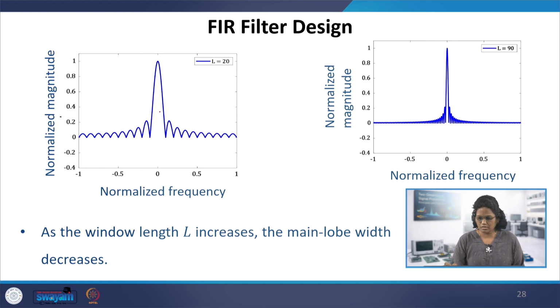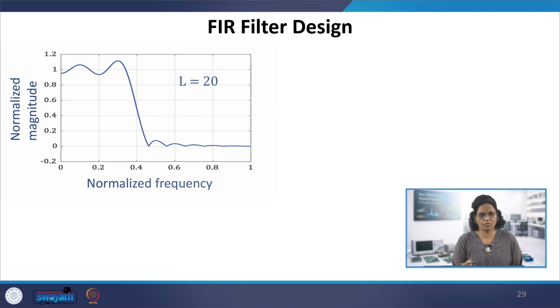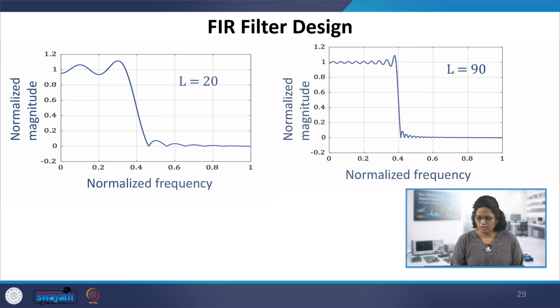For L maybe 20 or 50 and so on, the main lobe width is getting decreased. So if we use a window which has L equal to 20 and design a low pass filter, this is the transition width. If L equal to 90, the previous case, and you use that window and design a filter, the transition width is getting decreased.